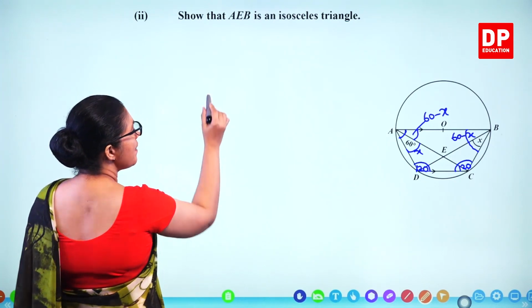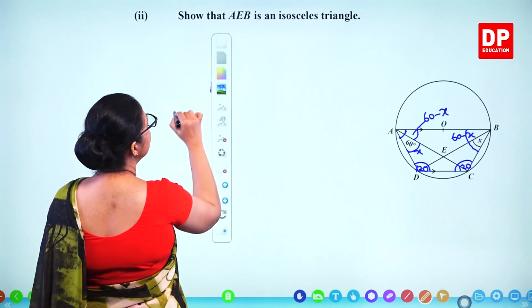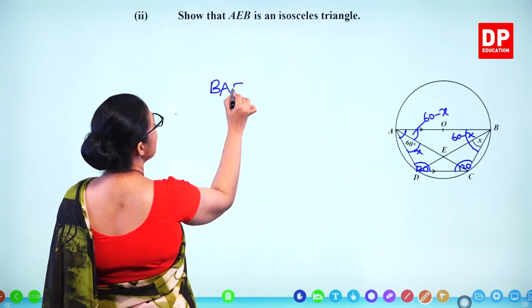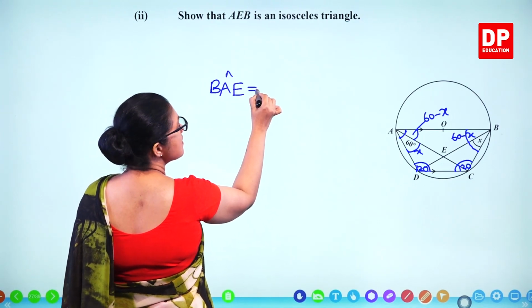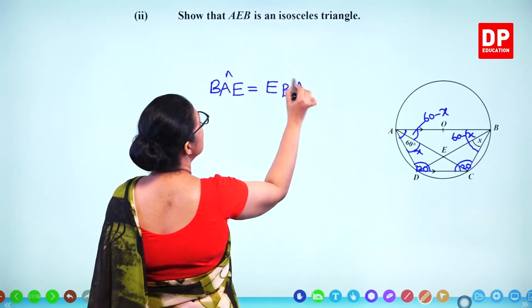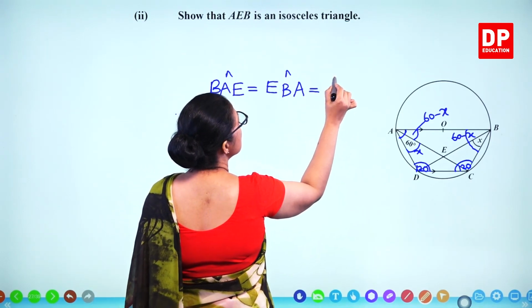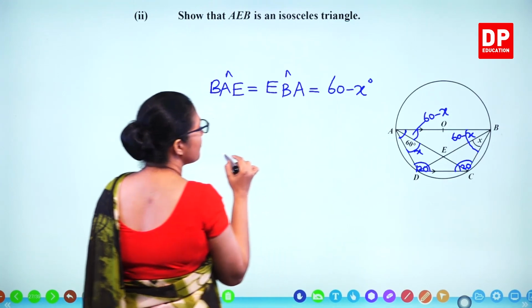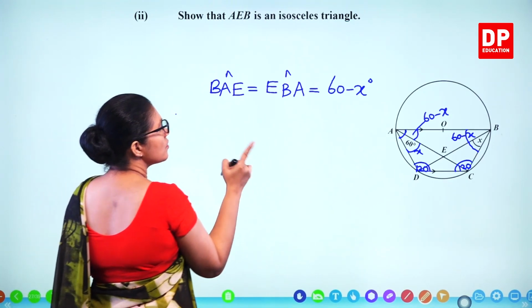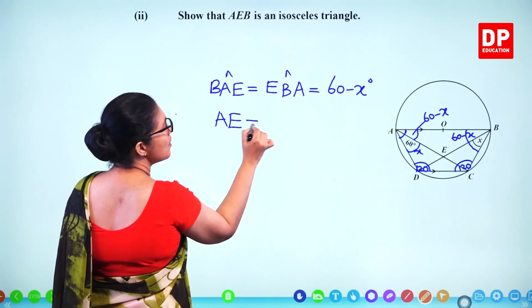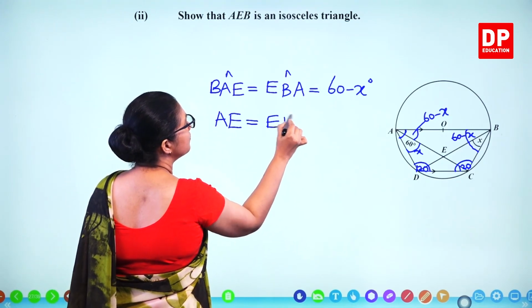So you can write angle BAE is equal to angle EBA. That's 60 minus x. So that means AE is equal to EB.